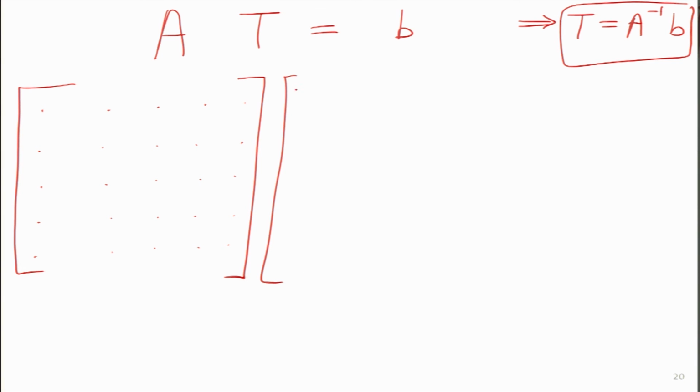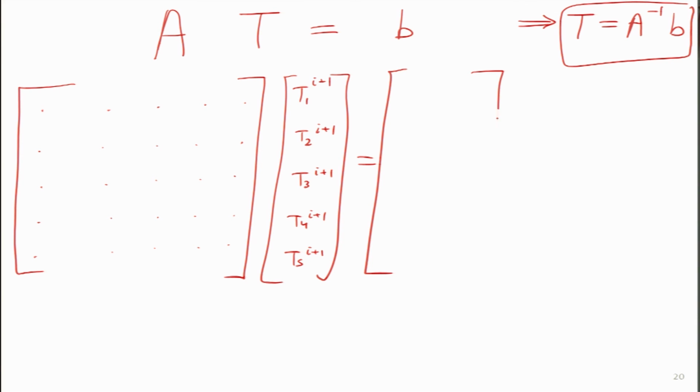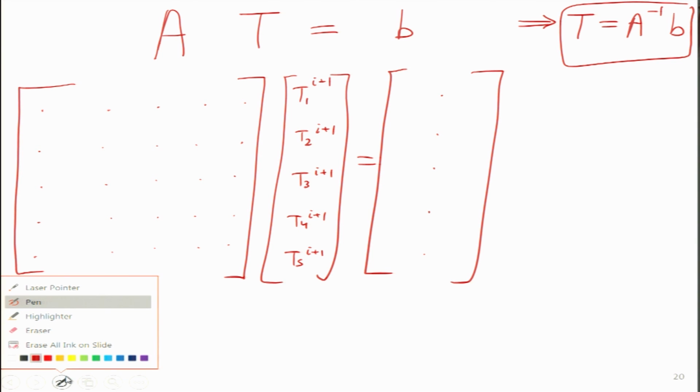Temperature one I will write over here. So, this is T1 i plus 1, this is T2 i plus 1, T3 i plus 1, T4 i plus 1 and T5 i plus 1. This whole thing gives me matrix B. So, matrix B will be kind of big. We will have 5 terms over here, and these are all constants.